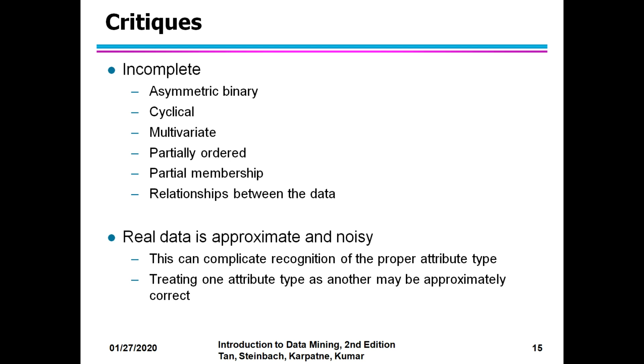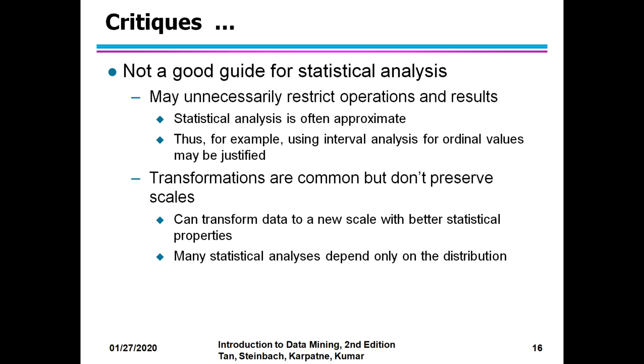This can complicate recognition of the proper attribute type, for example when we are recording an online transaction or an online weather recording, because noise will be present. Treating one attribute type as another may be approximately correct in those cases because of the presence of noise.